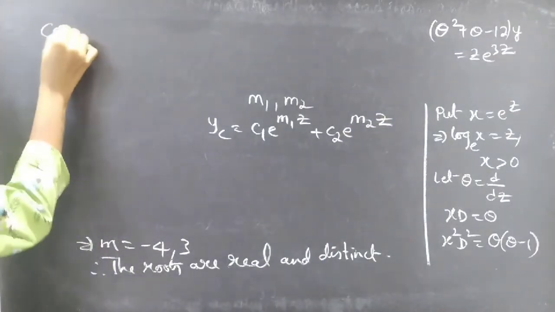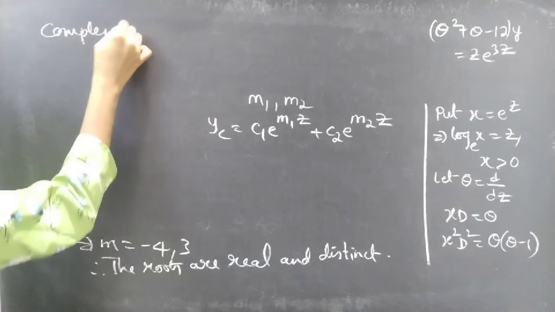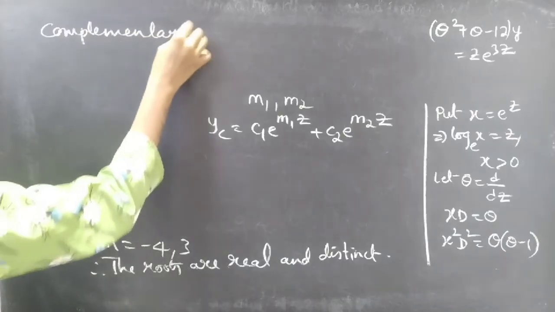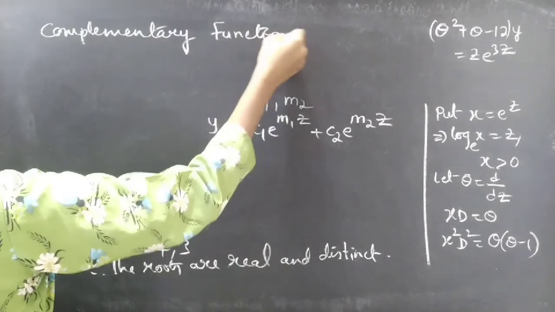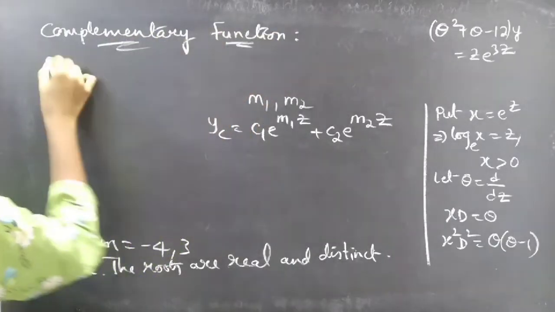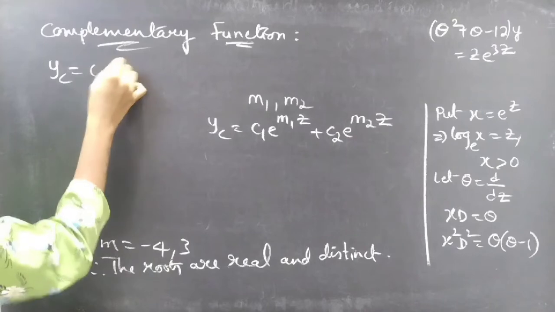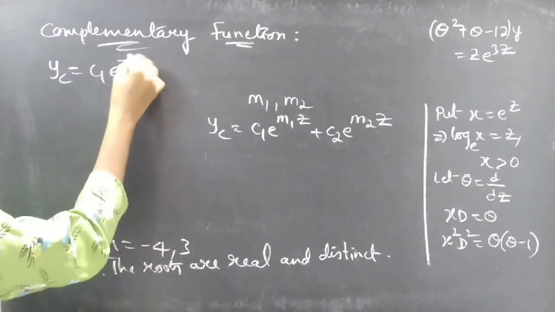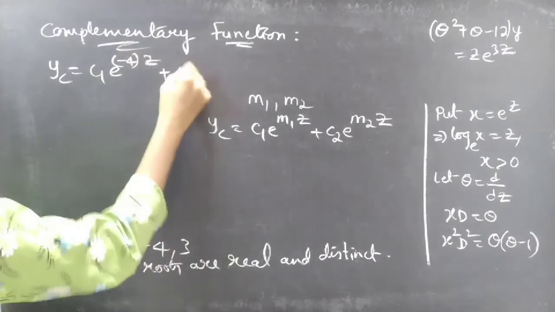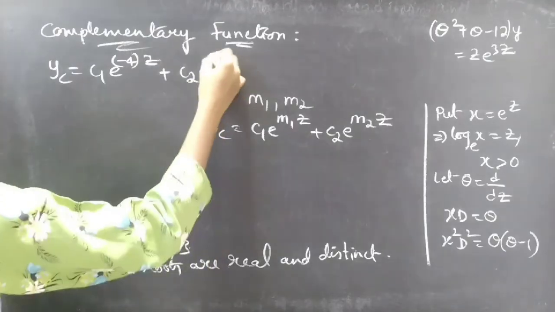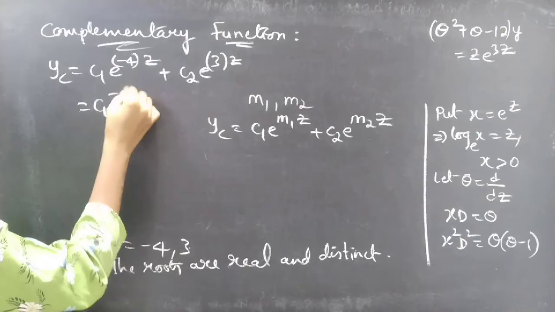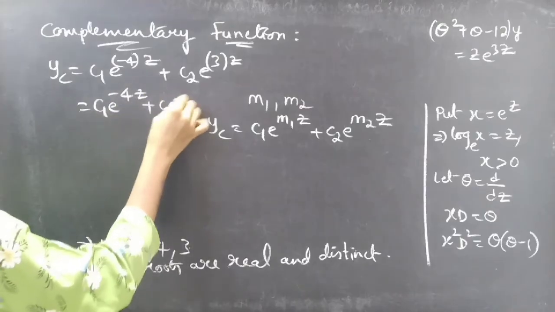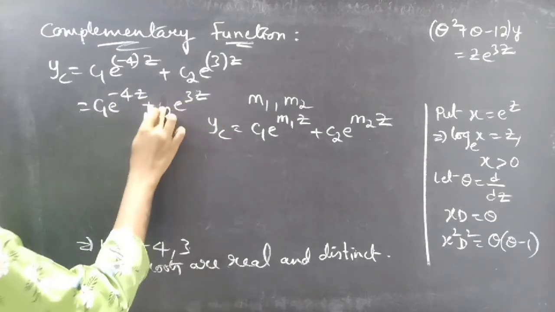Then our complementary function will be yc = c1 e power -4z + c2 e power 3z.